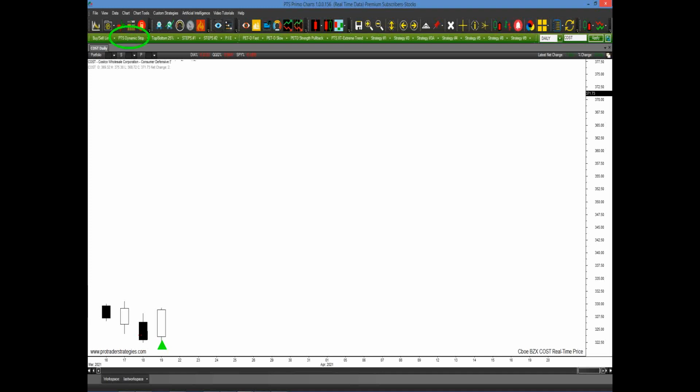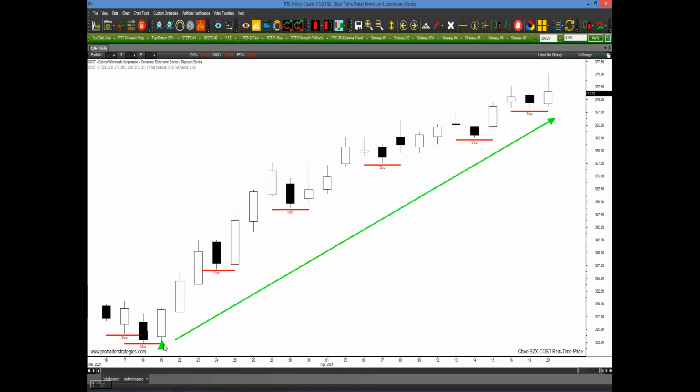Now, clicking on the PTS dynamic stop, you would have been given two different availabilities to place your stop. One here at this level, and then one here. Let's say you took the bottom one, the lowest one, okay? As the trade unfolded, it continued to monitor all the way up, so keeping you in this positive trade.